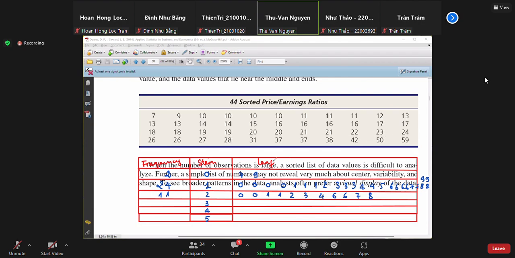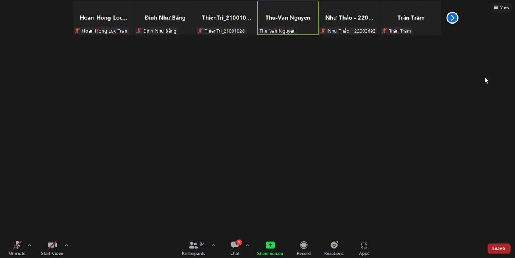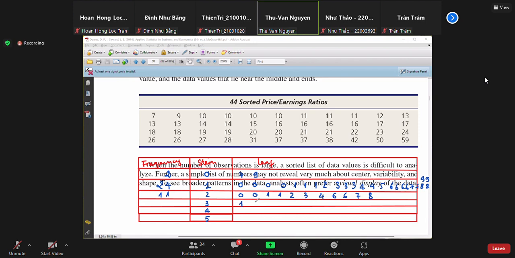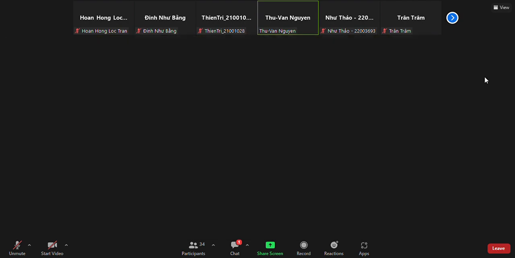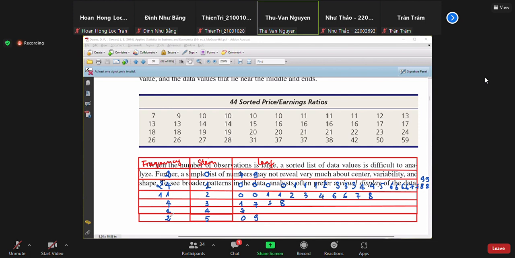Stem 3, how many numbers? 1, 2, 7, 7, 8, 4. Stem 4, only 1, and stem 5, 0, 9, so there are two. Okay, students, you can sum all the numbers here. Let's see: 2, 3, 7, 8. 8 plus 6 will be 14, and then 44.